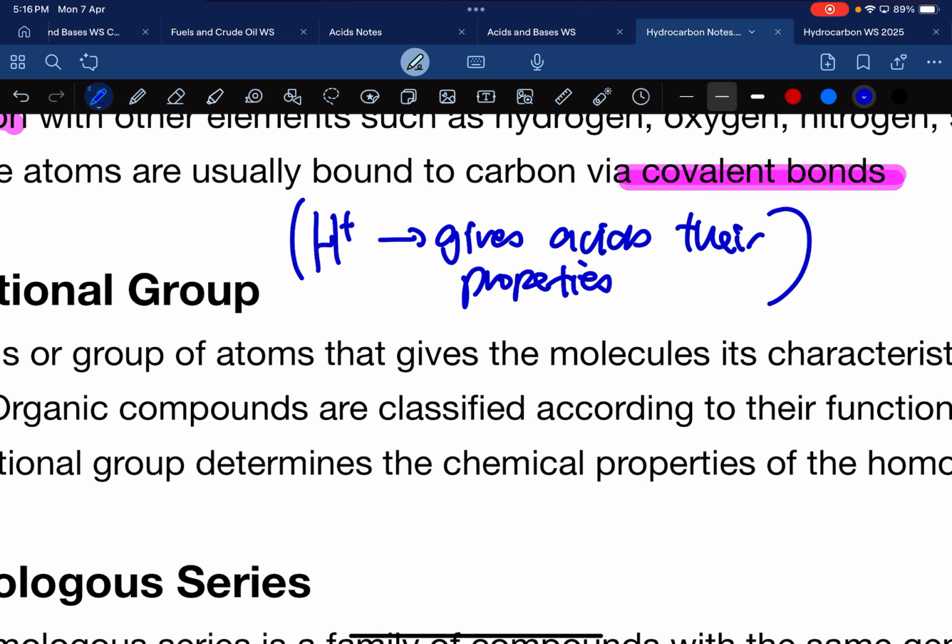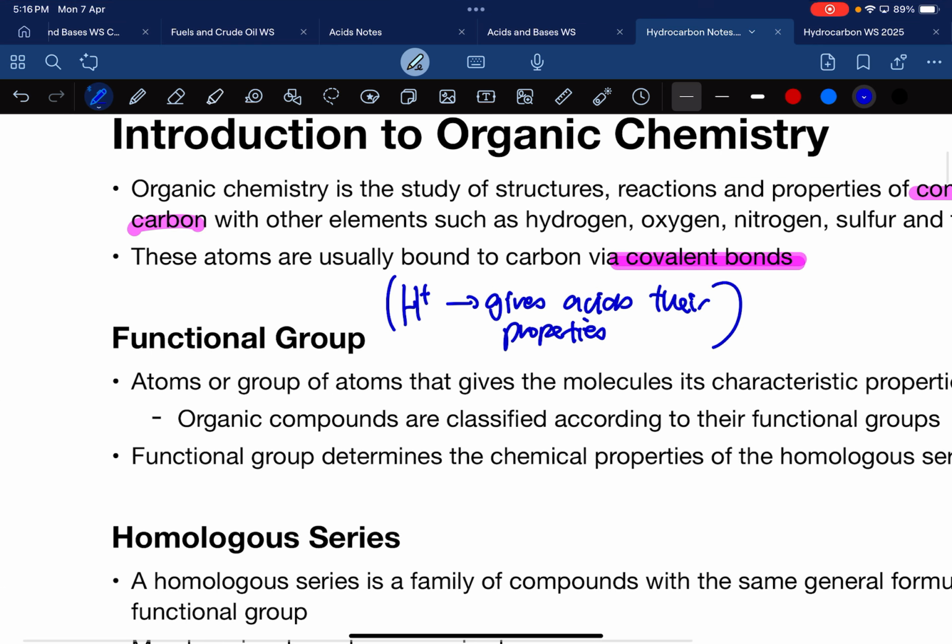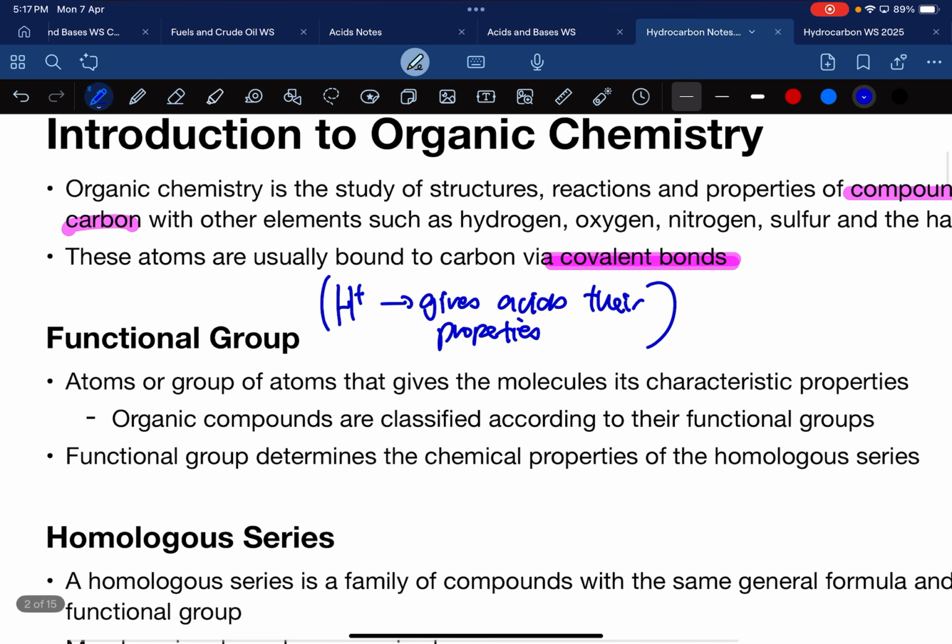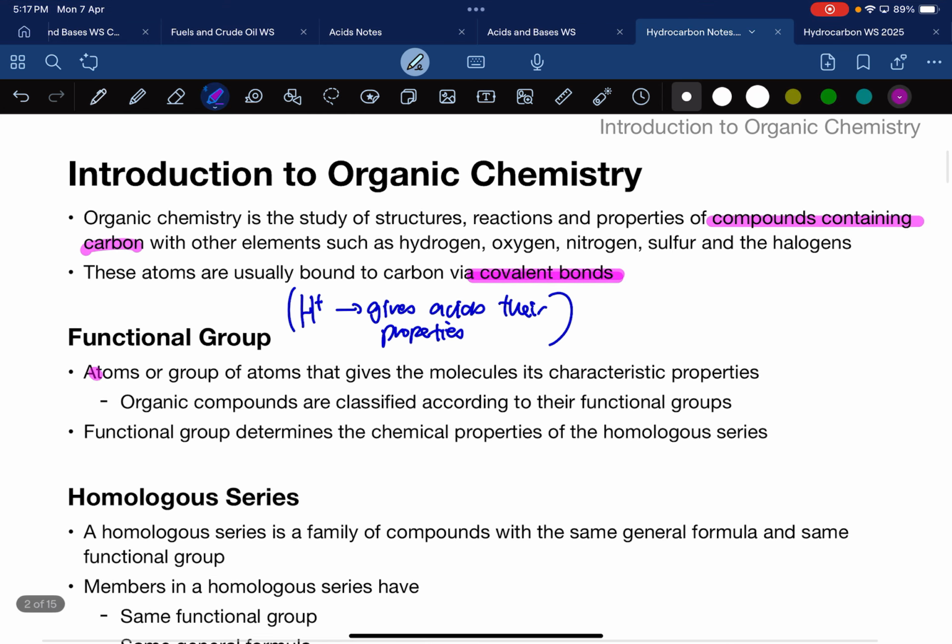Same for OH- for alkalis, and so on. A functional group does the same thing for the organic compound that it is attached to. They are atoms, or groups of atoms, that give it its chemical properties, its characteristic properties. And all of these organic compounds will be sorted according to functional groups.